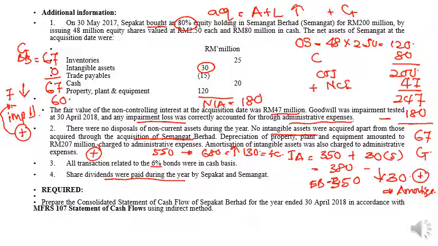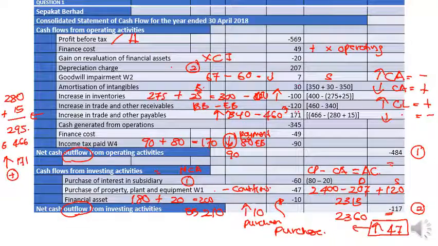So this one we're going to calculate dividend for the NCI and also dividend paid by the parent. Okay, so the thing that you need to prepare here is the consolidated statement of cash flow using the indirect method. So this is what I will prepare.